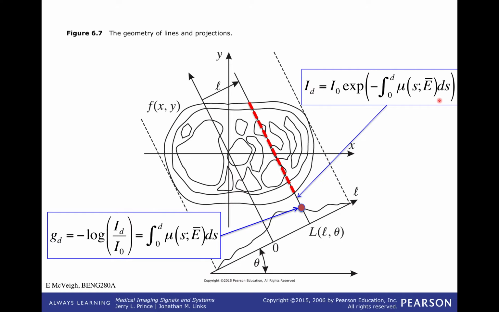Since it was exponential, we use log base e. So what's exiting the patient is this intensity. I measure that intensity, perform this transformation, and get a number that is proportional to the integral through mu. So now I'm linear in mu.